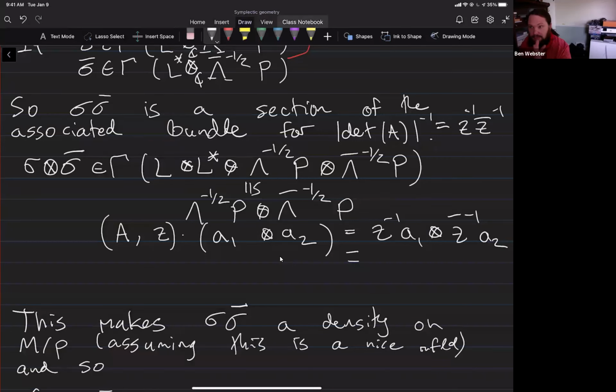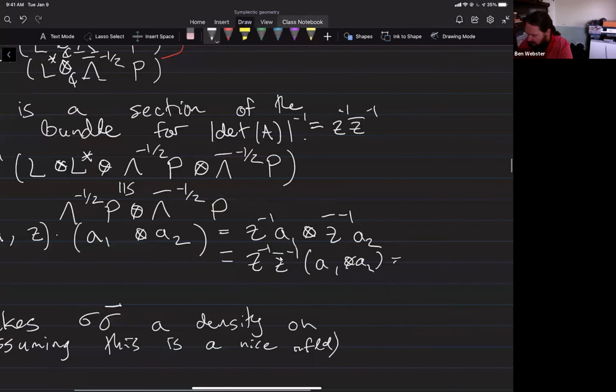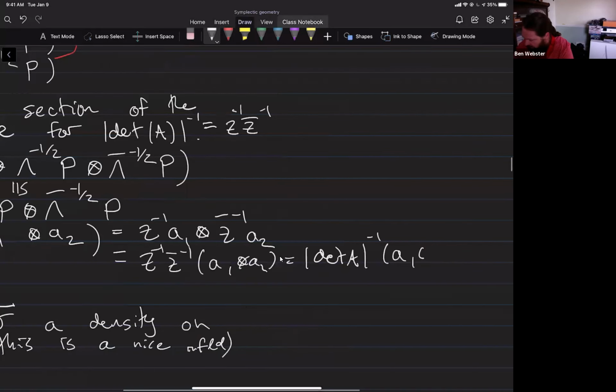I'm tensoring together two things and multiplying them by scalars, so I can just multiply the scalars together, times A1 tensor A2. That's the absolute value of the determinant of A. And hopefully I've gotten all the inverses in the right place. I apologize if I screwed them up somewhere.